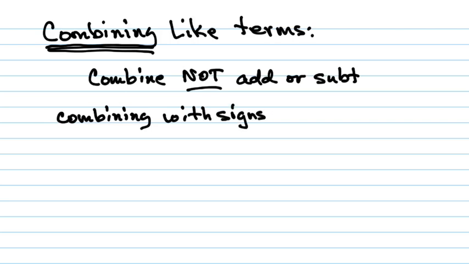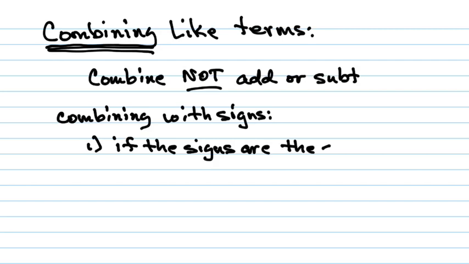There are 2 of them. If the signs are the same. What do I mean by the same? Either both numbers you're combining are positive or both numbers you're combining are negative. Doesn't matter which ones. What matters is that they are the same.